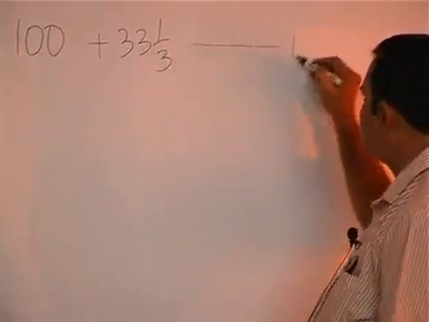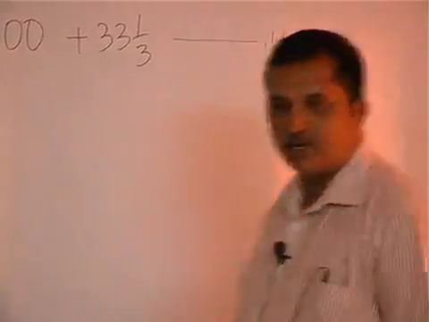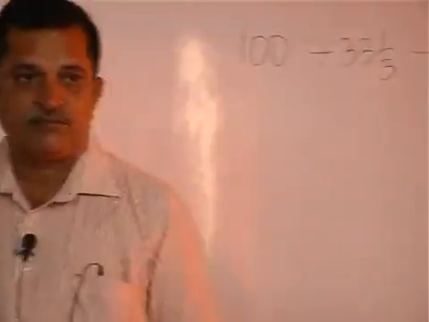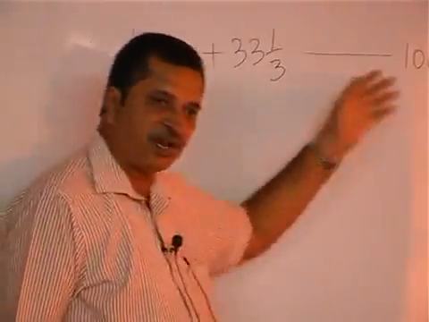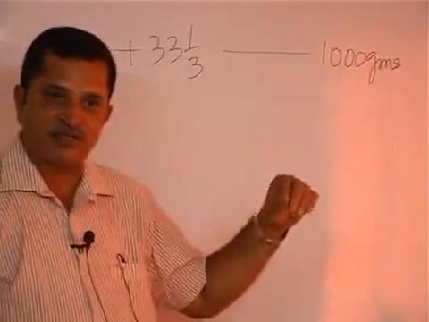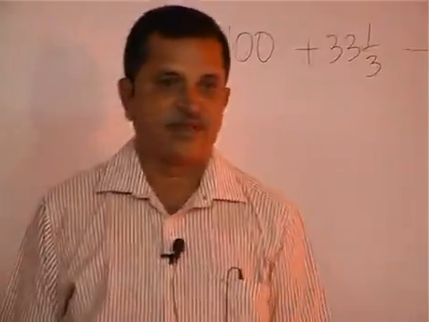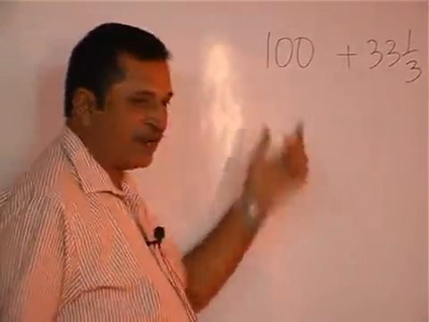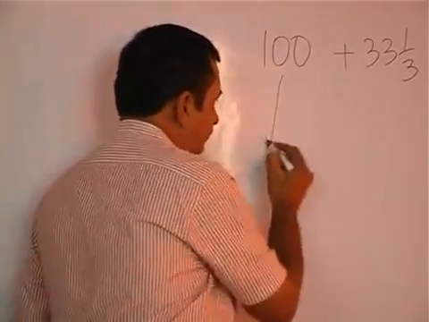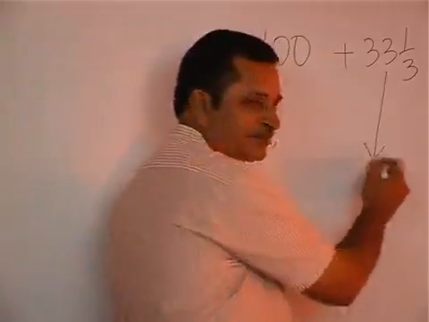Total he is managing how many grams? Is it clear? Investment and gain, total he is managing in 1000 grams. In 1000 grams he is taking something and he is giving the rest. To be very clear, 100 he is giving to us. 33 1/3 he is taking.